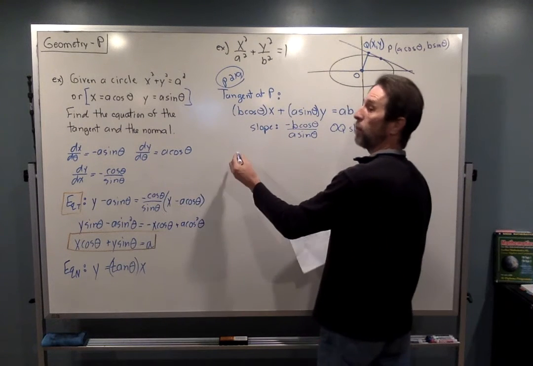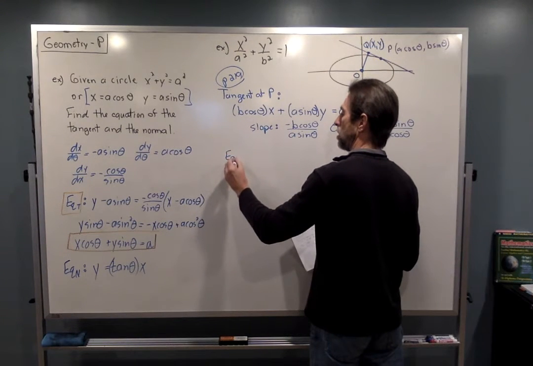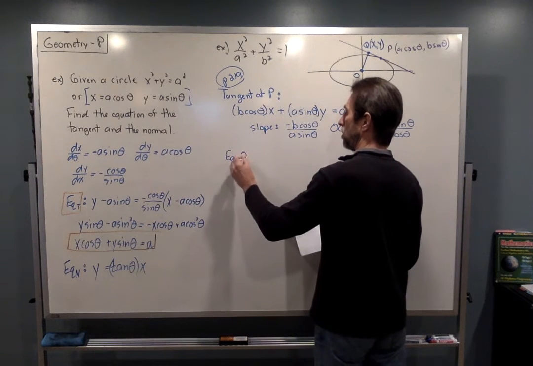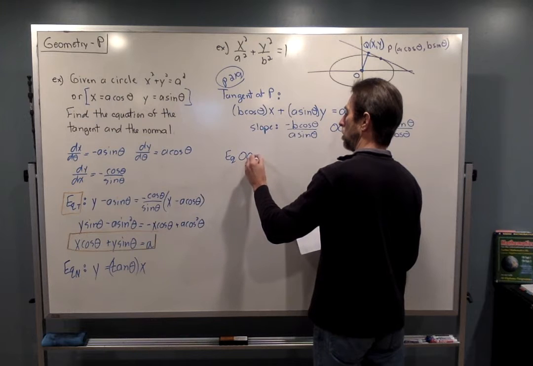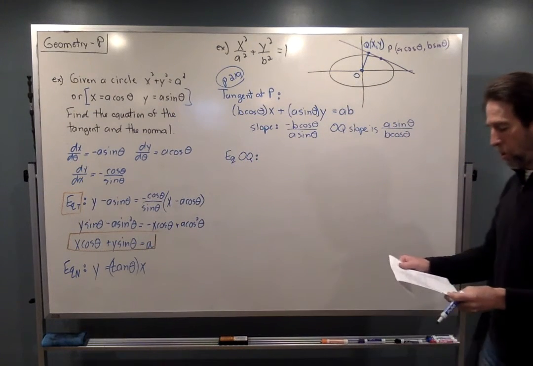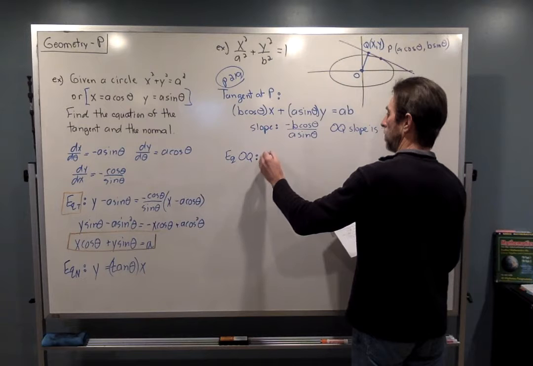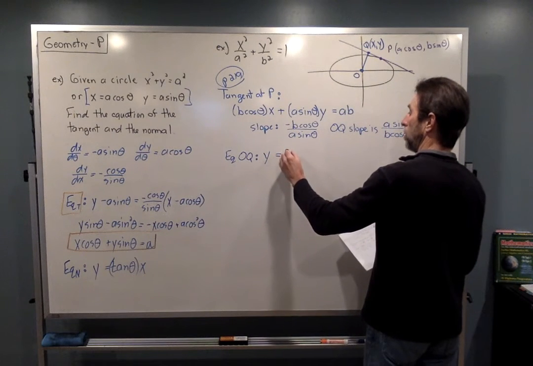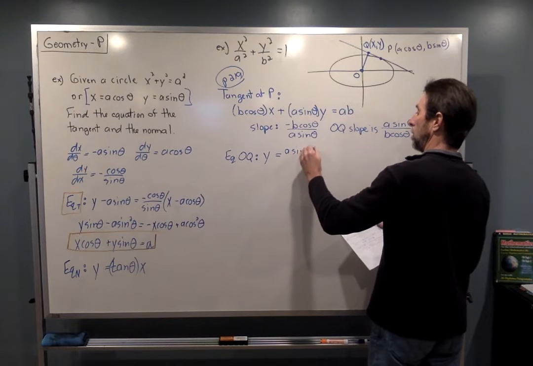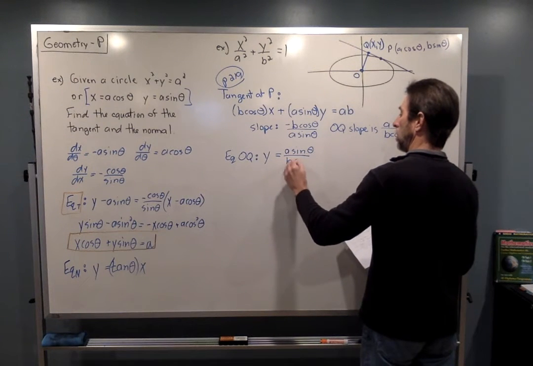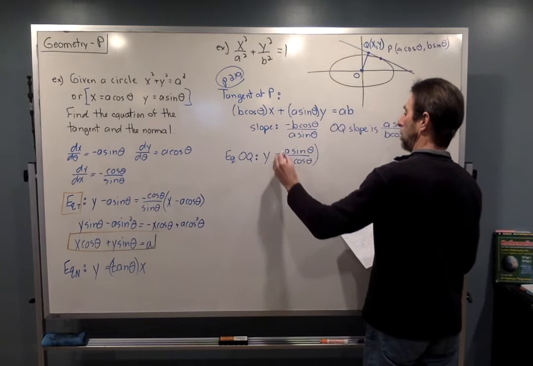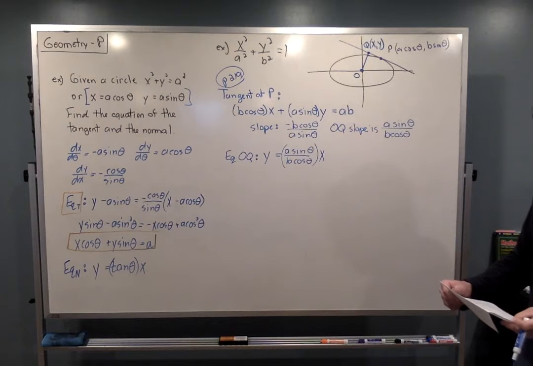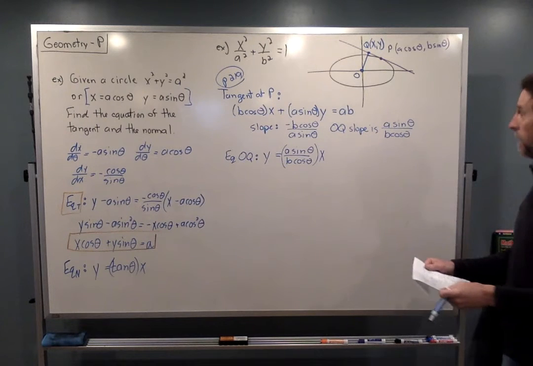So we're going to get a couple equations. One equation is going to be for OQ. The equation for OQ is simply going to be y equals that slope x. So that's one equation. Now, xy is on the tangent.